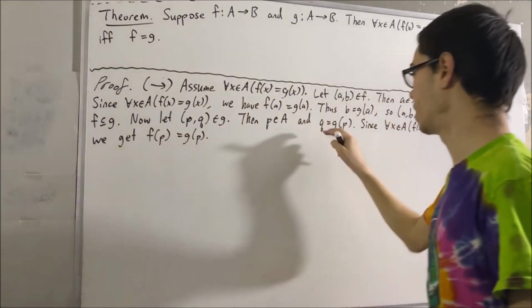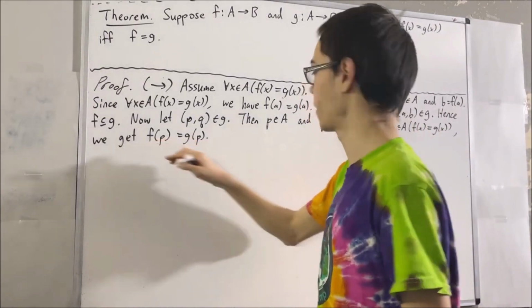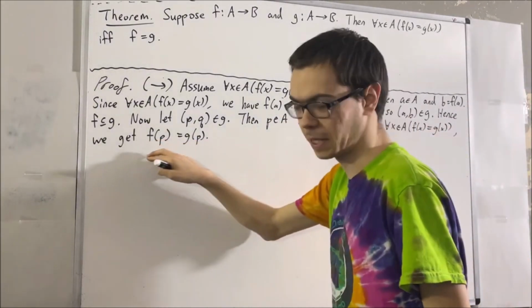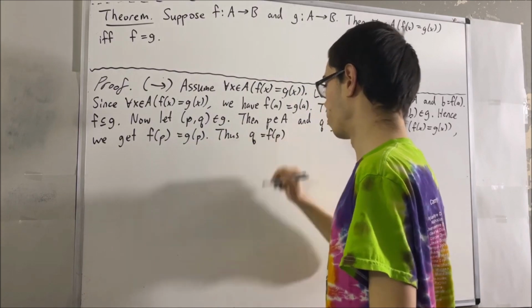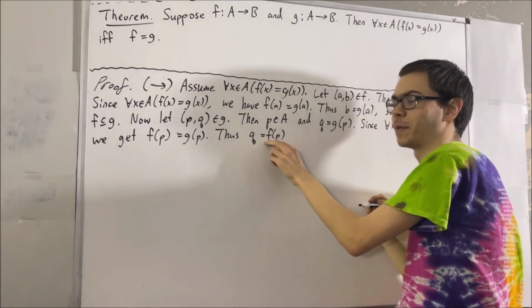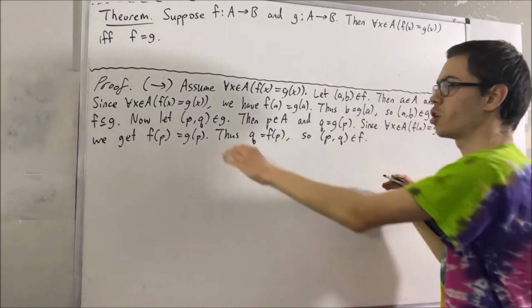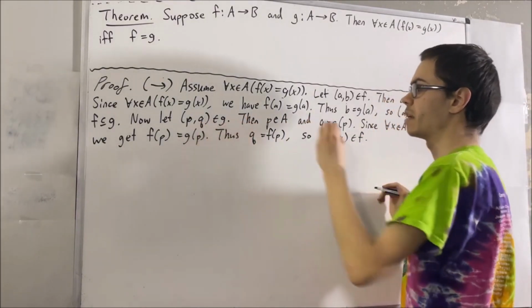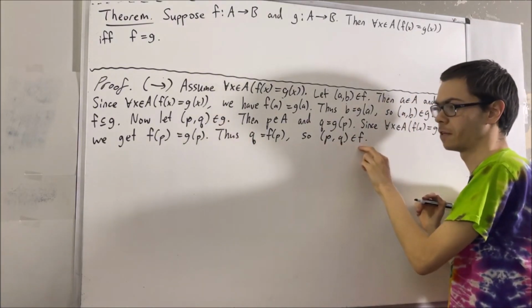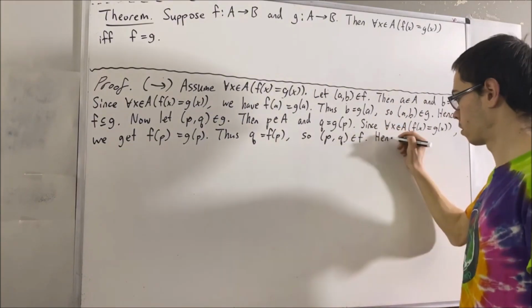So now, because q equals g of p and g of p equals f of p, that means q equals f of p. But we know that this is equivalent to saying that (p, q) is an element of f. So notice, we started with an arbitrary element of g, and we showed that same element is also in f. Therefore, everything in g is also in f.